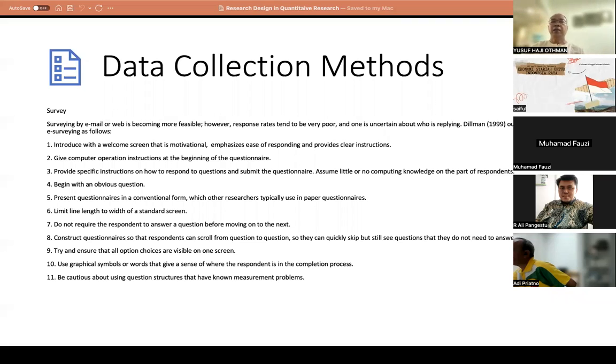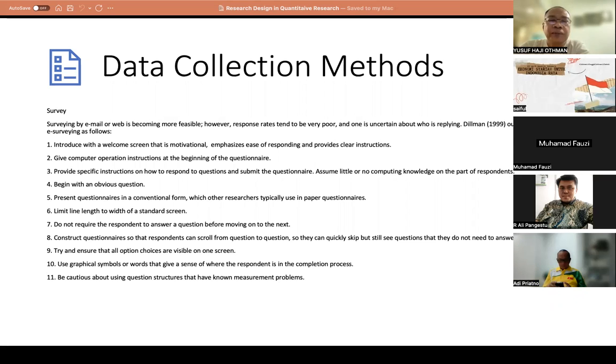Later in the workshop, we will explain how to test for the validity and reliability of the questionnaire items, the questions that you include in the questionnaire.